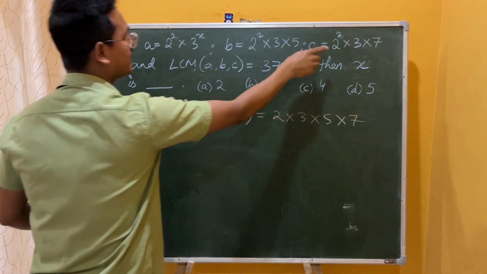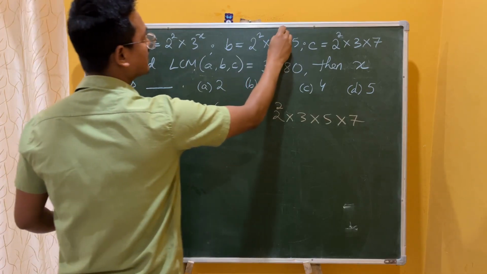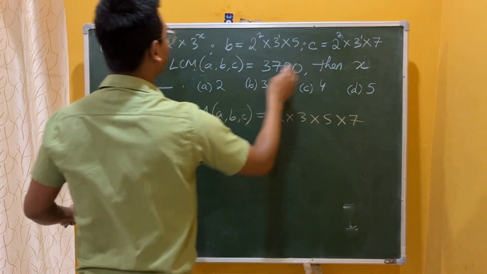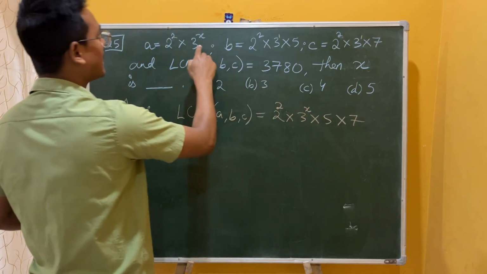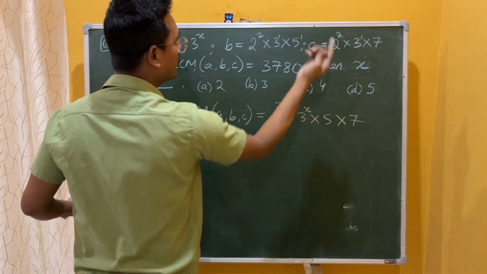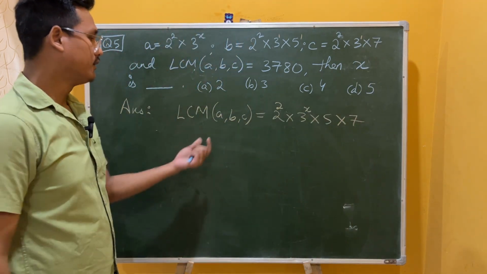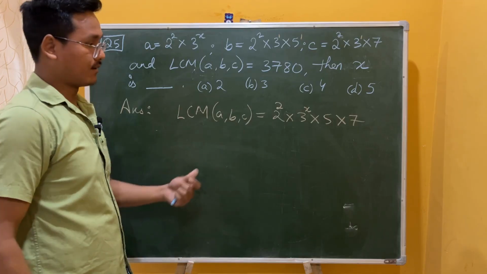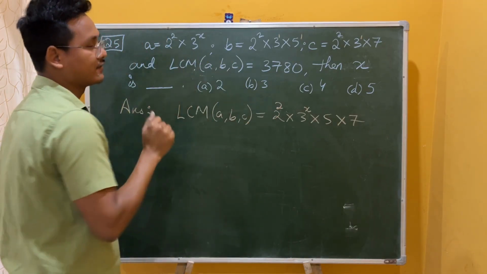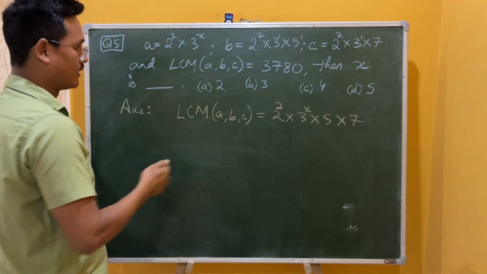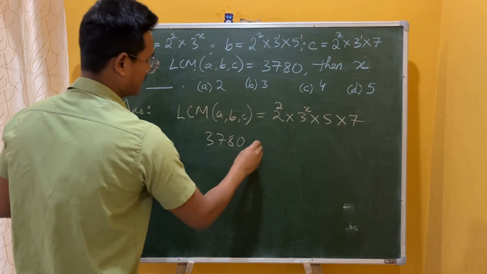So, 2's highest power is 2, and 3's highest power, this is 1, this is 1. So, we'll consider x is the highest power. 5's highest power is 1, and 7's highest power is also 1. So, this is the LCM of A, B, and C, the product of the greatest powers of each prime factor involved in the numbers. So, this is given as 3780.